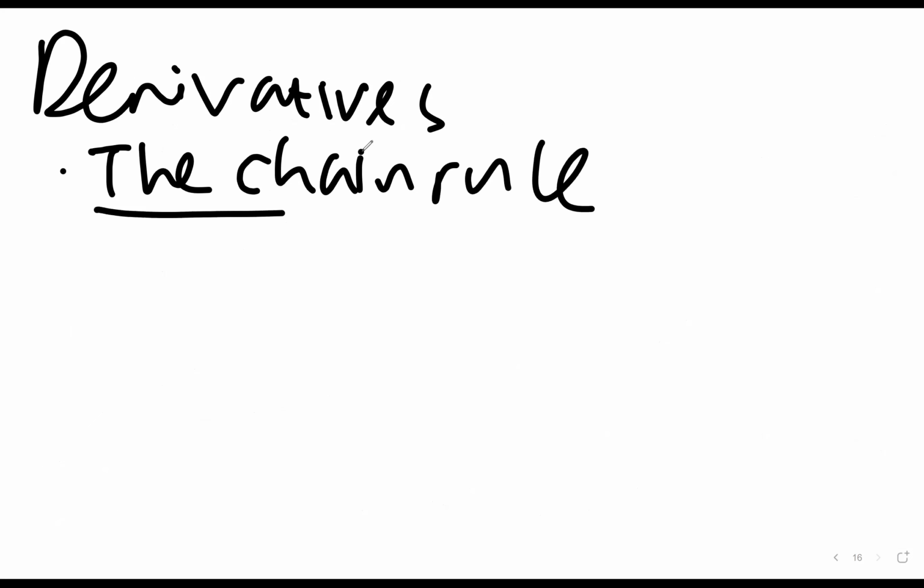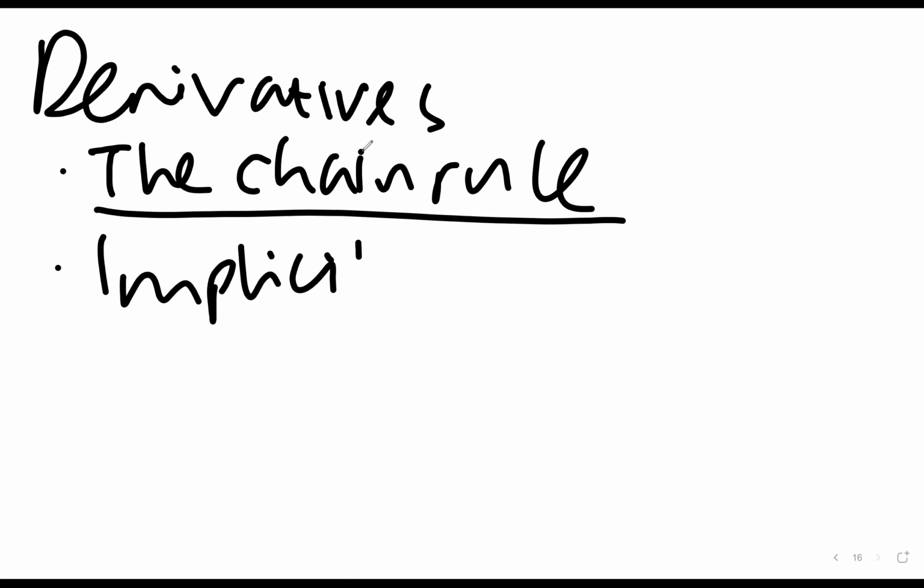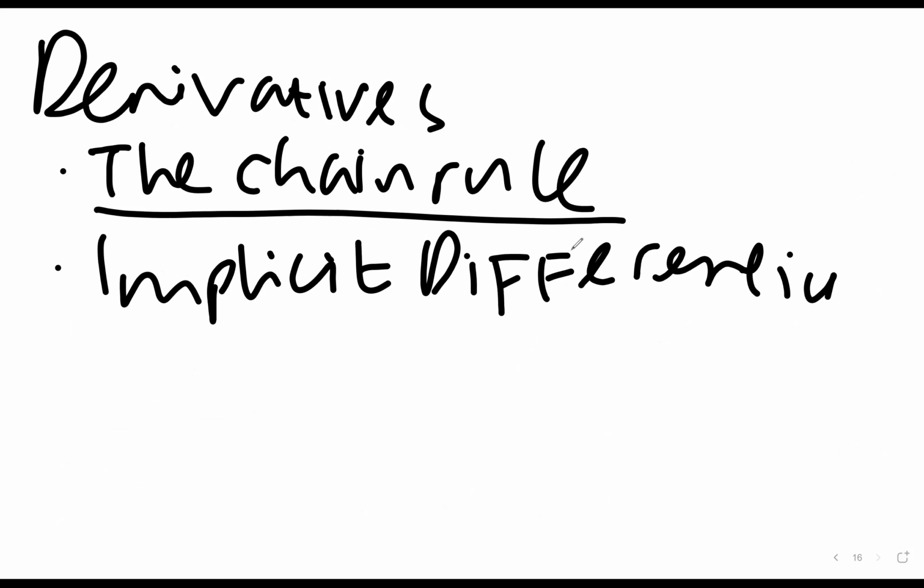You have to know how to calculate the derivative of a composite function once again. Implicit differentiation is important, especially if you are given the graph of the function in terms of an equation. So you have to know the value of y prime by implicit differentiation.